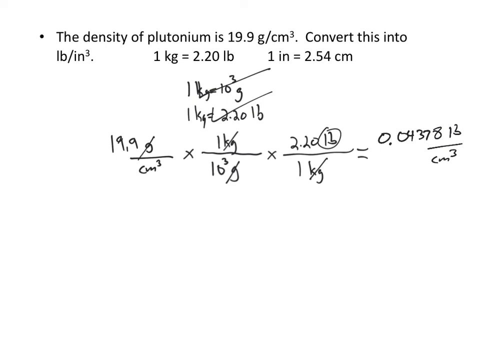All right, and now my goal is to get those centimeters cubed into inches cubed. They didn't give me that directly. They told me that 1 inch is 2.54 centimeters. So I've got to get that into cubic inches and cubic centimeters. So I'm going to take my 1 inch is 2.54 centimeters, and then, like we did before with the cubed units, we have to cube everything, the numbers and the units.